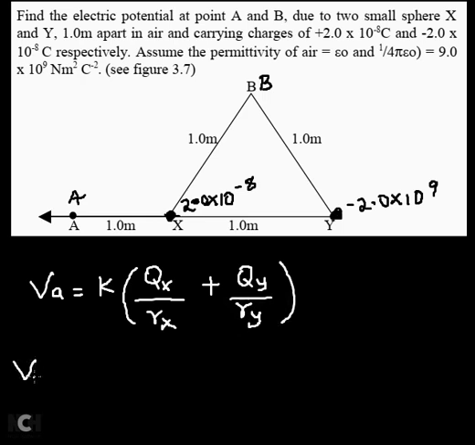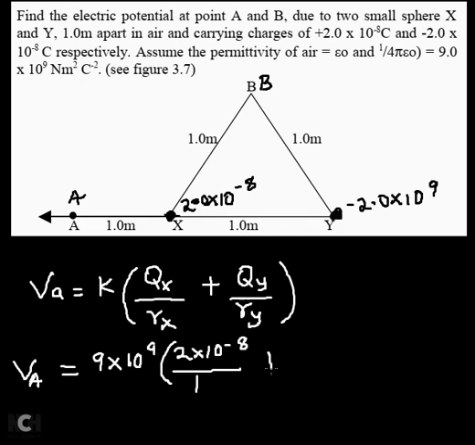So the potential at point A: putting in our values, K is 9 times 10 raised to the power of 9. You already know that. Then open bracket, the charge at X is 2 times 10 raised to the power of minus 8, divided by the distance RX, which is 1 meter.